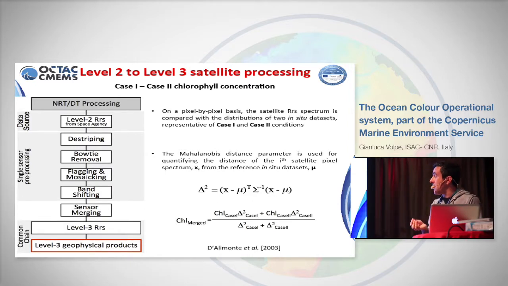Then the point is how do we distinguish which pixel is case 1 and which is case 2. So we use this Mahalanobis distance parameter, which basically is a comparison of the single satellite spectrum with case 1 and case 2 in situ reference spectra, taken from the Adriatic Sea in situ dataset and from the Mediterranean Sea dataset.